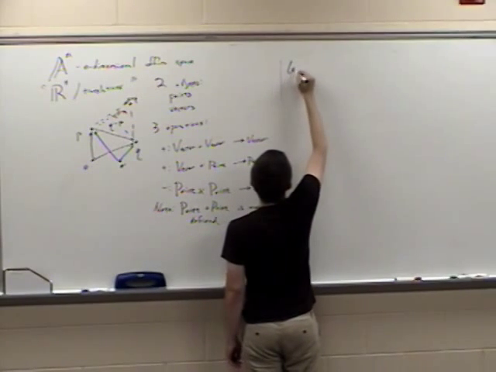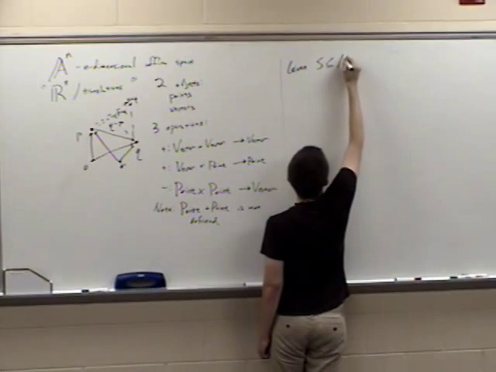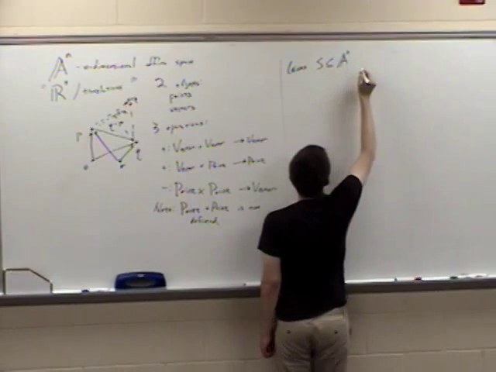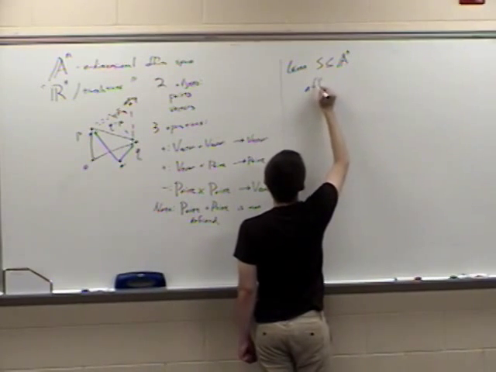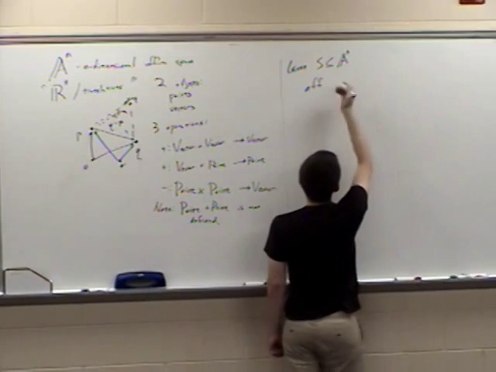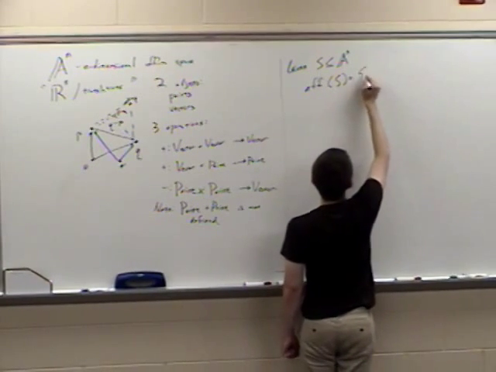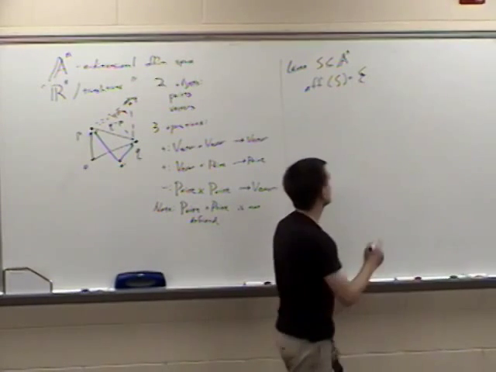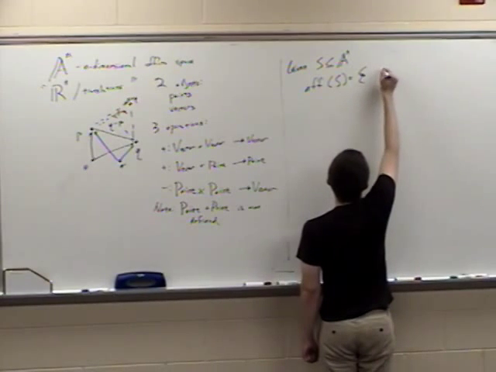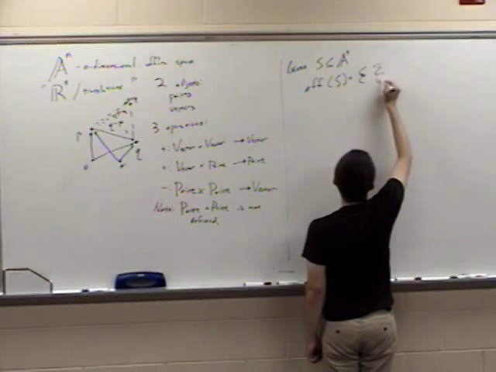So given S contained in affine space, the affine hull, right, this is how it's written, of S, is the set of all affine combinations of S. And so an affine combination is going to be a weighted sum of the elements in S, right?